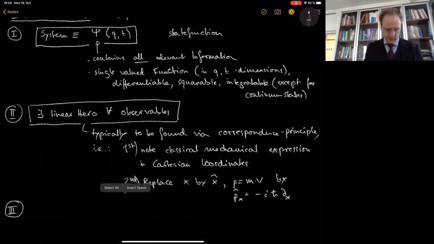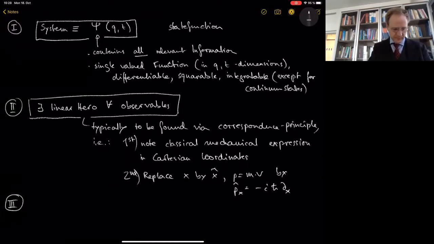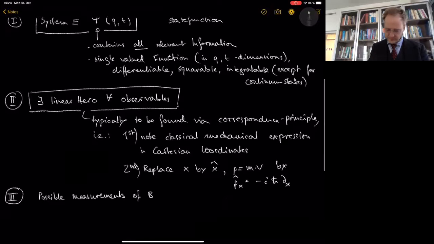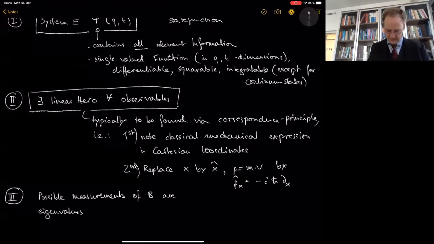Your third postulate says that the only possible measurements of some observable B are its eigenvalues. Okay.